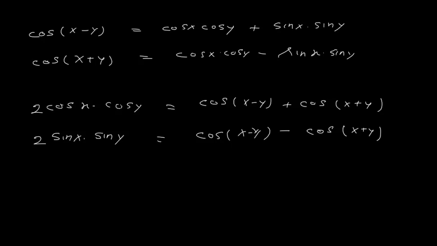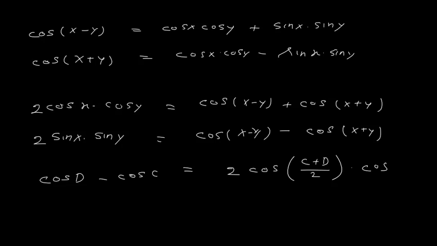Okay, and as I replaced x plus y with c, x minus y with d, so I can say that cos of d minus cos of c, I will get 2 times cos of (c plus d)/2 into cos of (c minus d)/2, and sin of d minus sin of c.